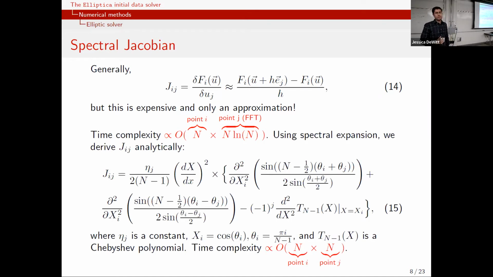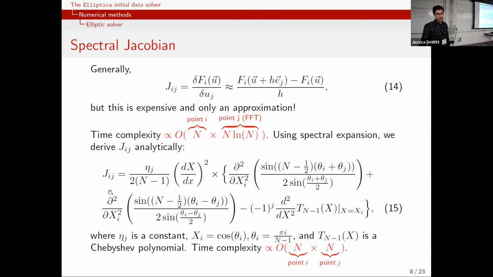What we are doing here is using a spectral expansion, and we derive J_ij analytically with lower time complexity. I don't want to go into a lot of detail, but equation 15 is the final result you get when computing J_ij.